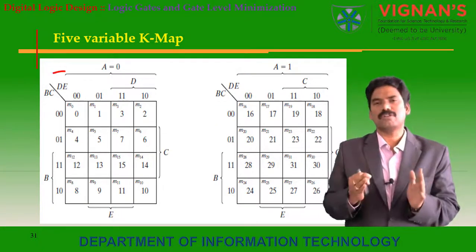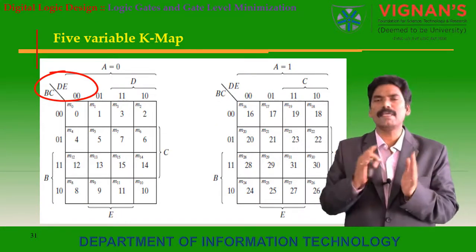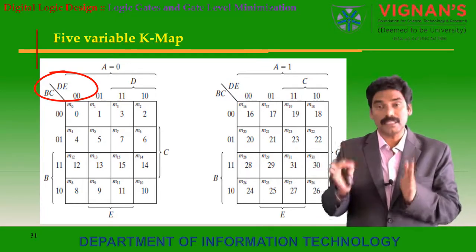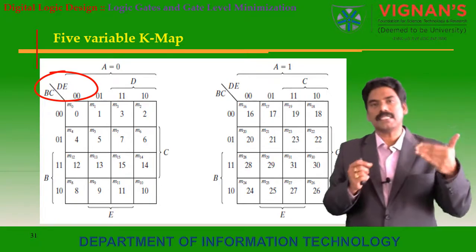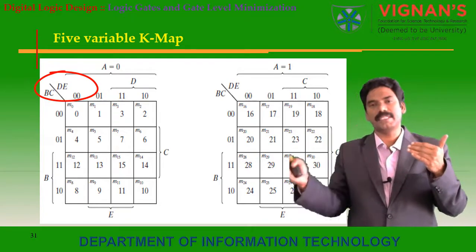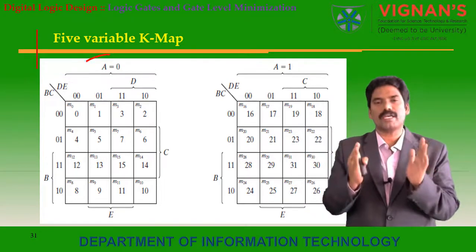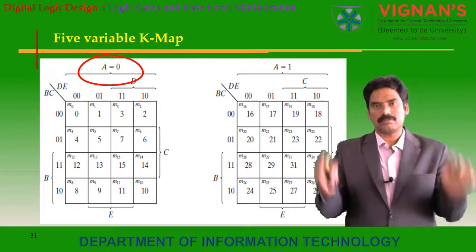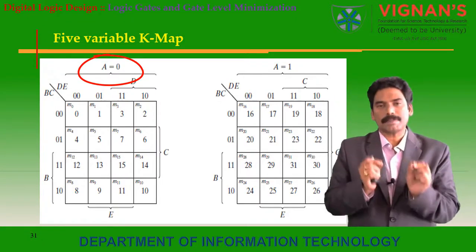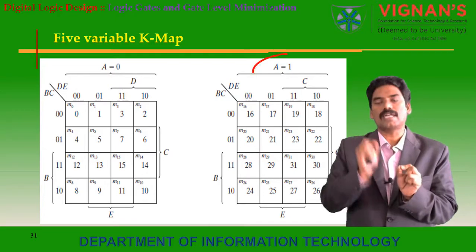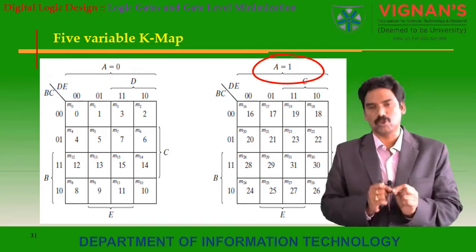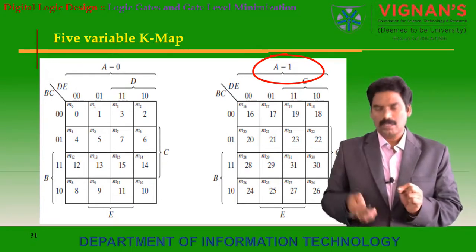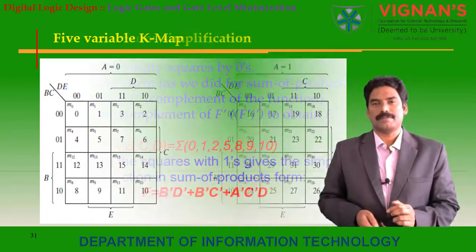If the variables are A, B, C, D, E, the rows represent BC and the columns represent DE, and the entire first table represents A equal to 0, and the second 16 minterms represent A equal to 1. This is a 5 variable K map.